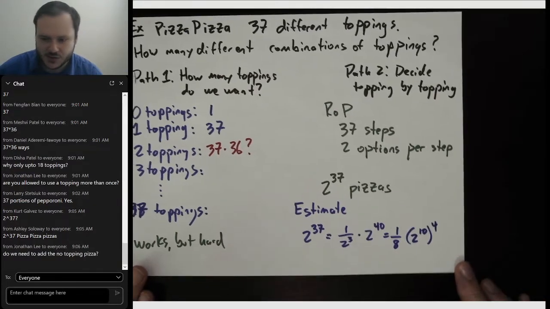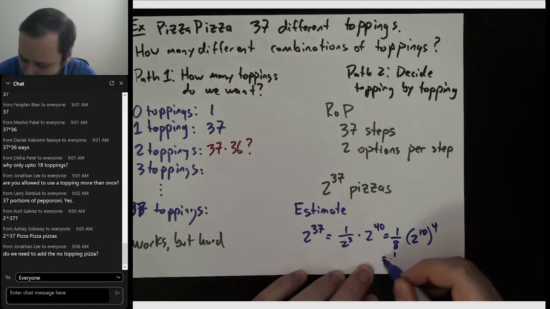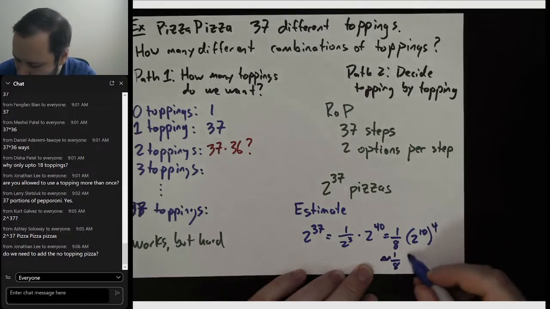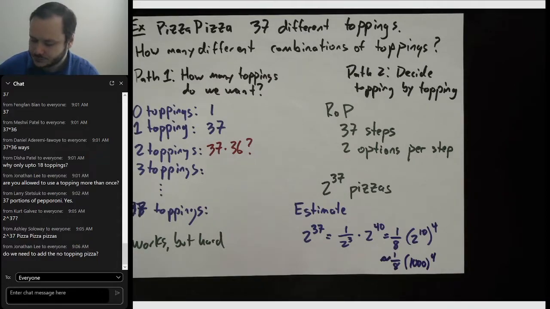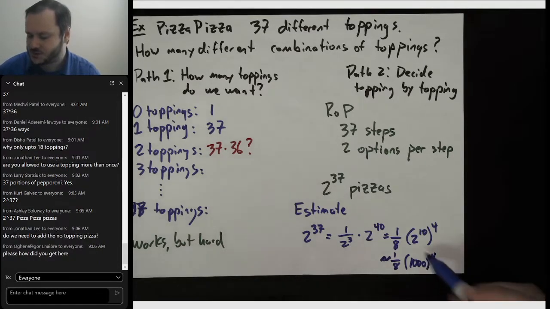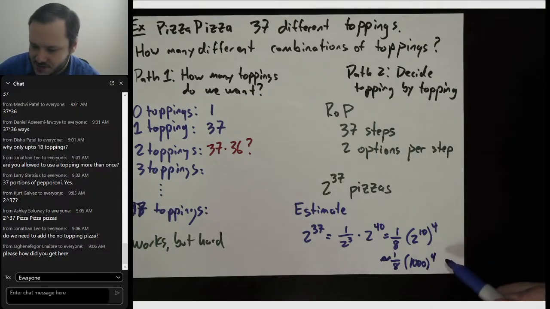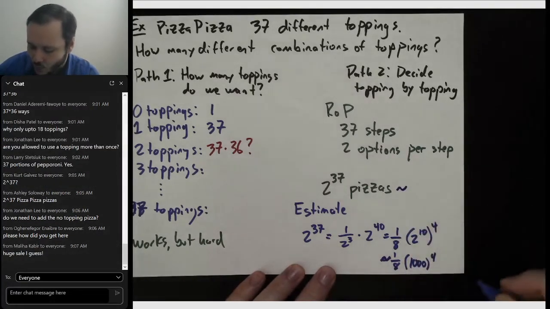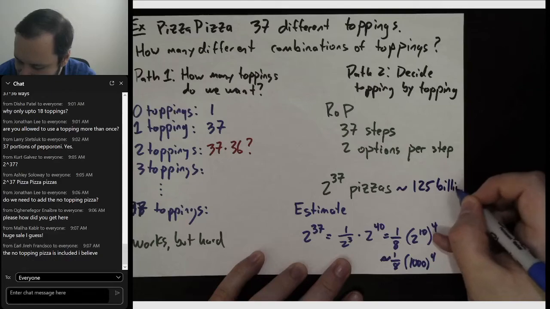And here's where the estimation part comes in. This is approximately equal to 1/8. 2 to the 10 is 1,024. So approximately 1,000 to the 4th power. So 1,000 to the 1st power. Squared is 1,000,000. Times another 1,000 is 1,000,000,000. Times another 1,000 is 1,000,000,000,000. So this is approximately 1/8 of 1,000,000,000,000, or approximately 125 billion different pizzas.